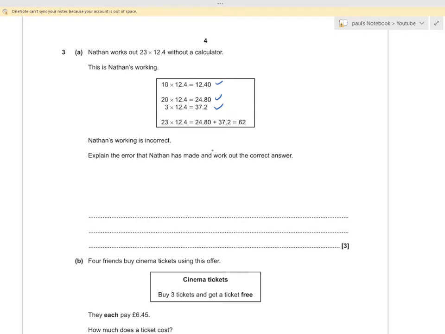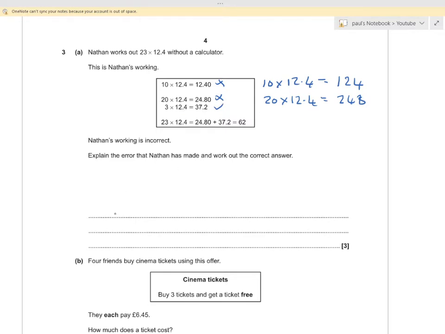So yeah, 10 times 12.4 equals... Oh, 10 times that is not 12. No, that's wrong. Should be 124. So therefore that's wrong as well, because that should be 20 times 12.4 is double that, which is 248.